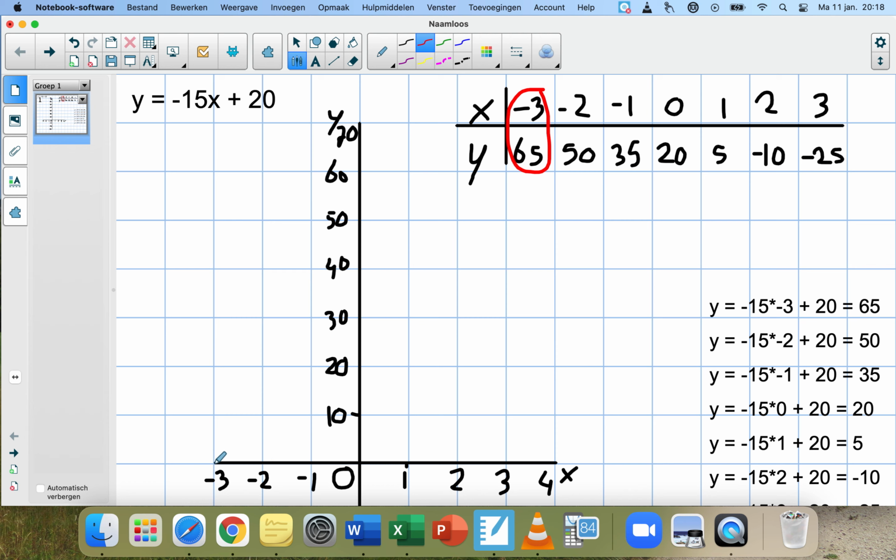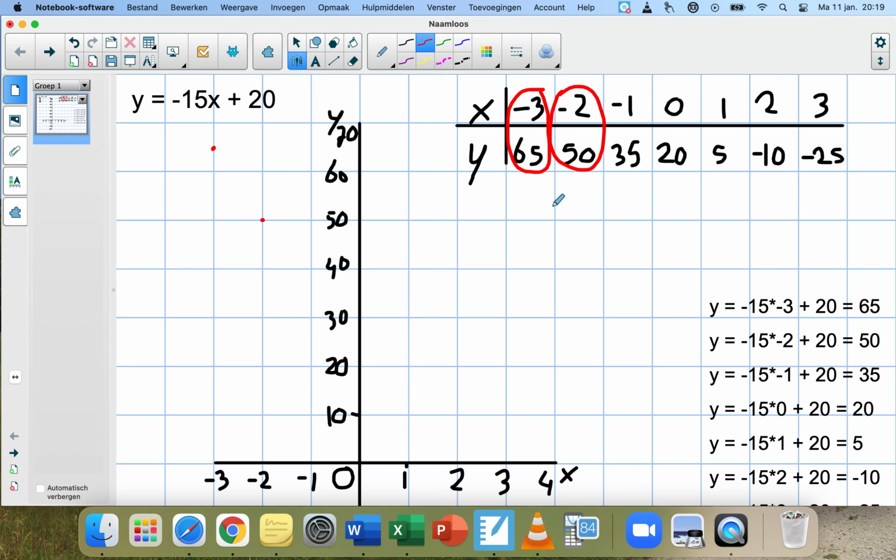So in the middle of 60 to 70. If x is -2, y is 50. So we continue doing this.